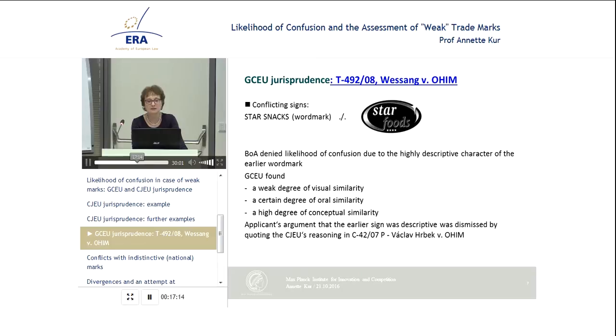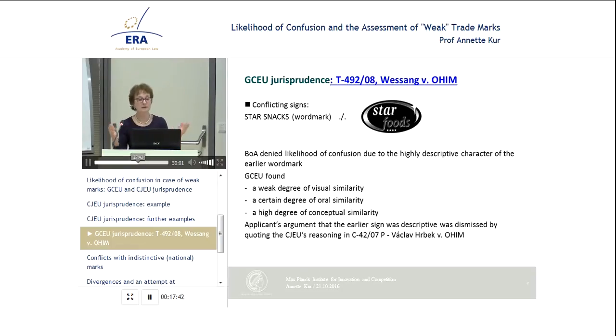Now, this is one decision by the General Court, Star Snacks and Star Foods, both for foodstuff, as one can imagine. So the coincidence was in the word star, and star, according to, I think, standing practice of OHIM, is taken as denoting superior quality. So it is descriptive or near descriptive.